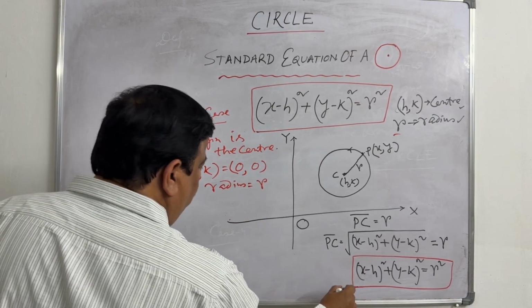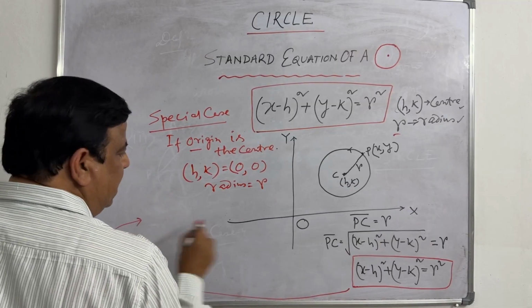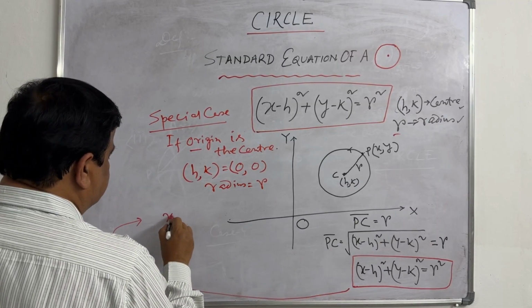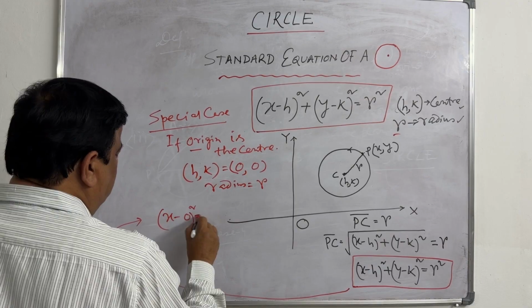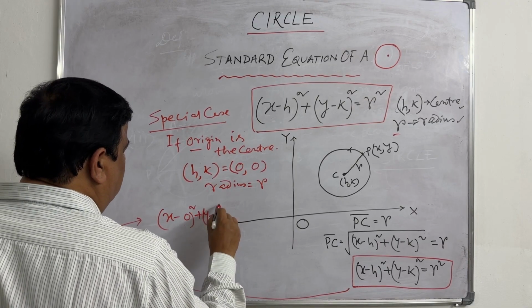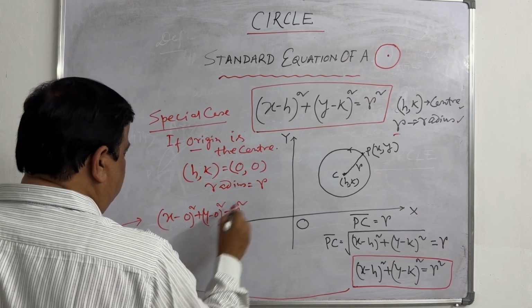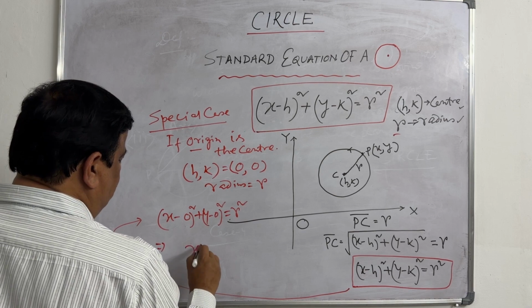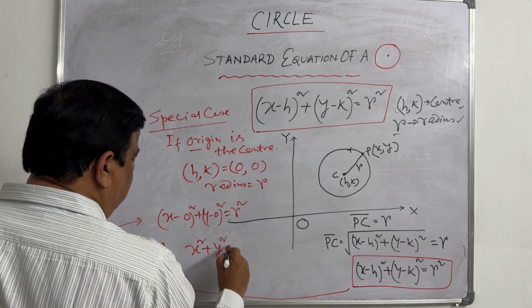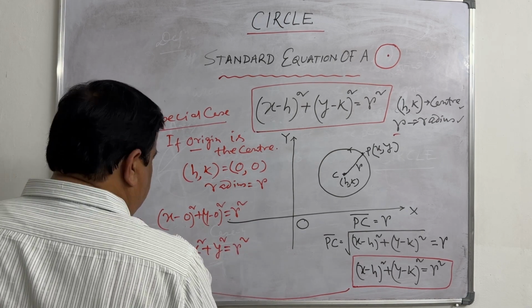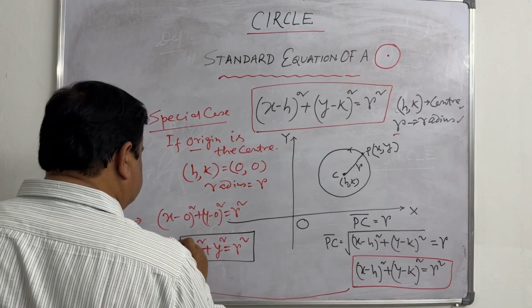So put these values in the standard equation, you will get (x minus 0) whole square plus (y minus 0) whole square, that is equal to r square. Hence x square plus y square is equal to r square, and this is the equation of the circle.